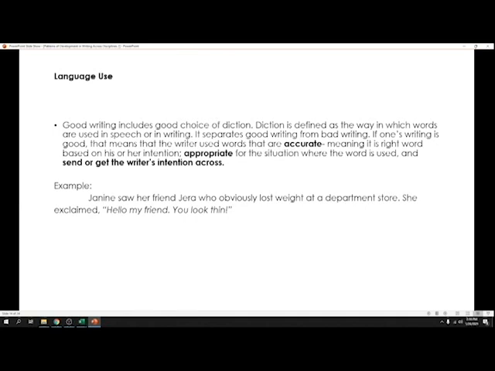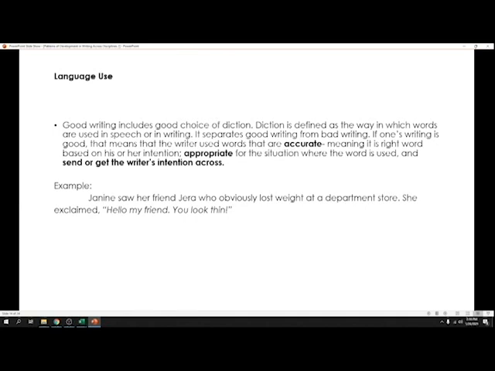Pareha nitong example na to. "Hello, my friend, you look thin." So, instead na saying na lumolosyang ka, kinakailangan mo sabihin sa maayos. Like, medyo nagbabawas ka yata ng timbang. So, hindi masakit yung second na ginamit natin, nagbabawas ng timbang, kesa dun sa first na lumolosyang ka.